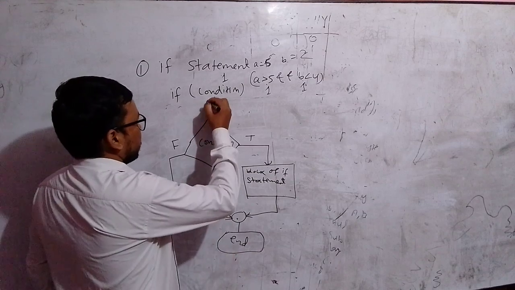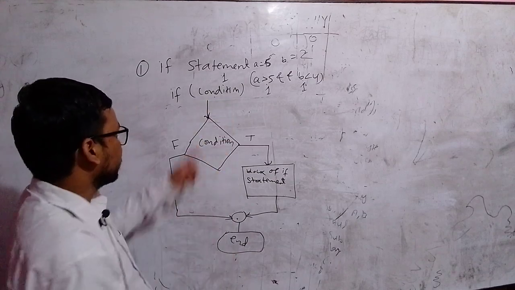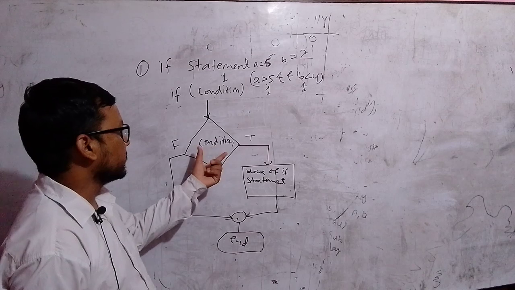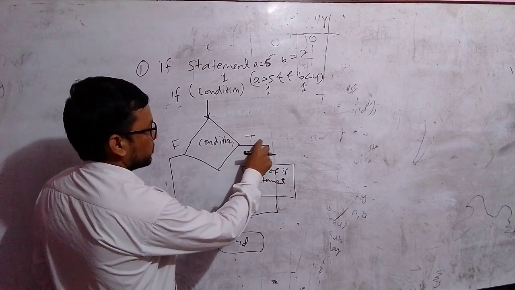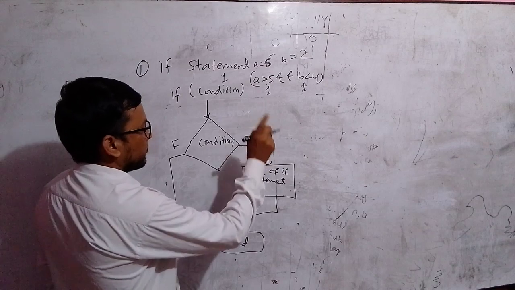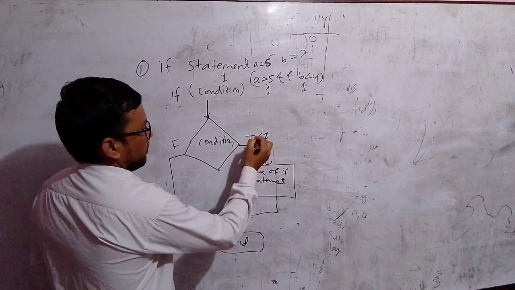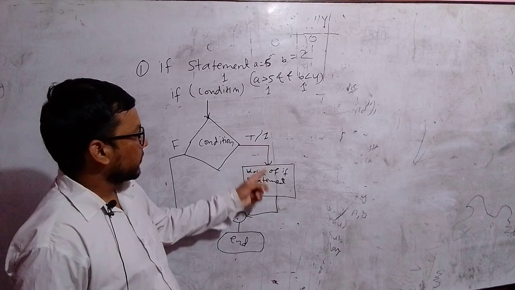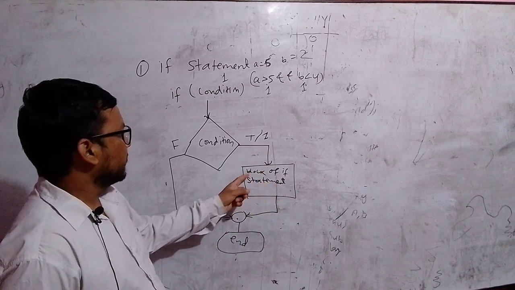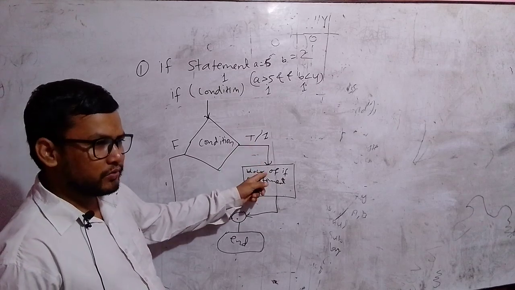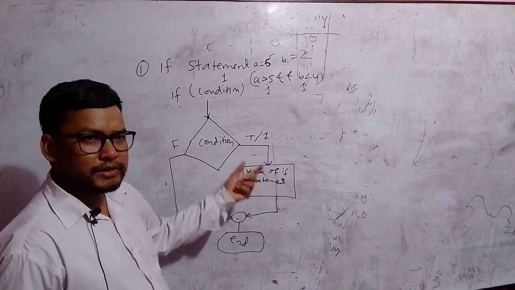That means a program comes from here and a condition will be checked. If the condition is satisfied, that gives a true result, or 1, and the block of if statement will be executed. There is only one option. If it is true, this statement will be executed.